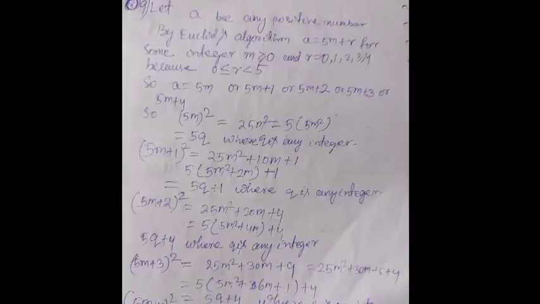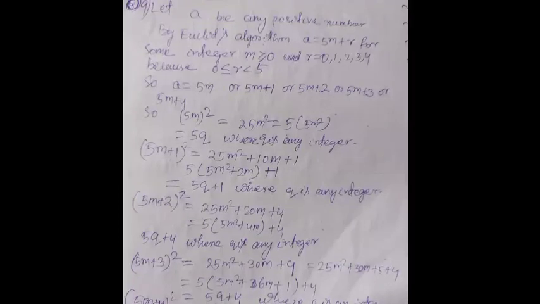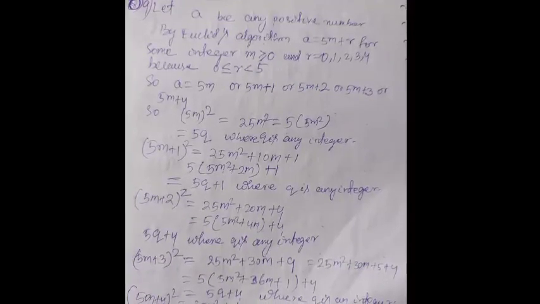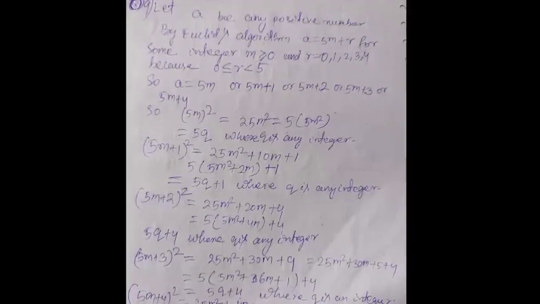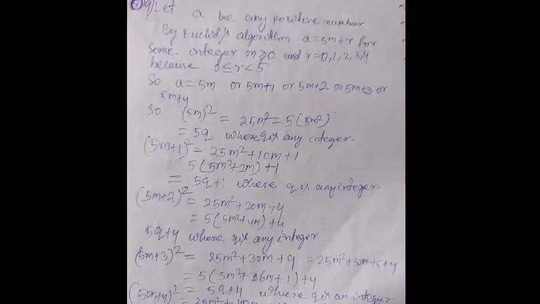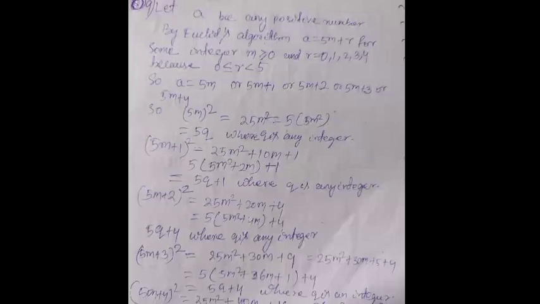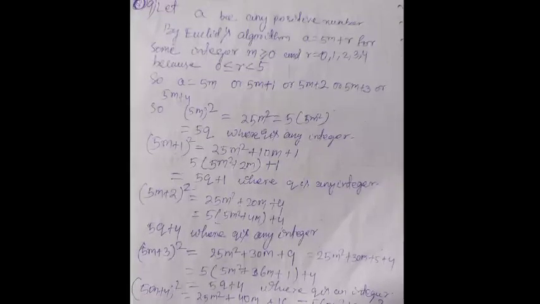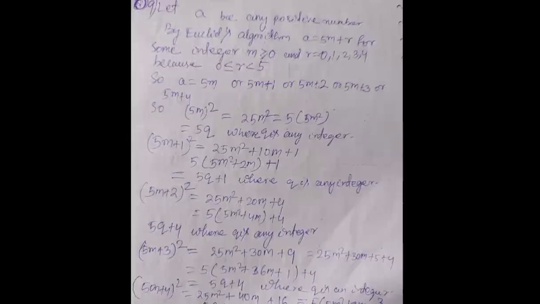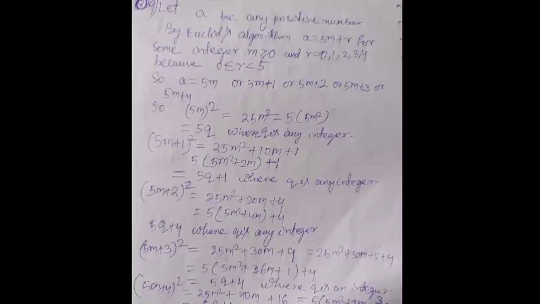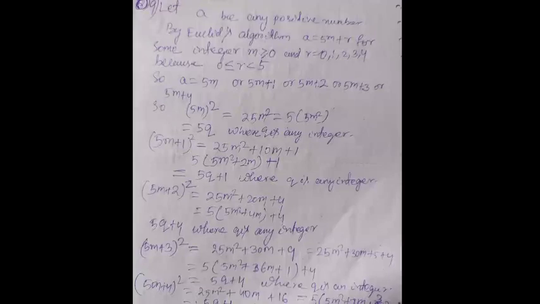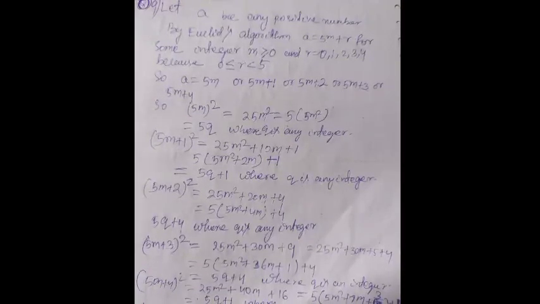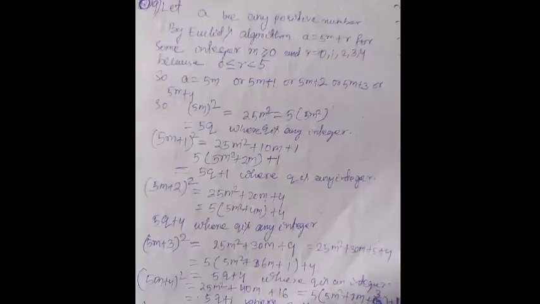Then (5m+3)² equal to 25m² + 30m + 9. We convert 9 into 5 + 4, that is 5(5m² + 6m + 1) + 4. Here it is in the form of 5q + 4, q is any integer.